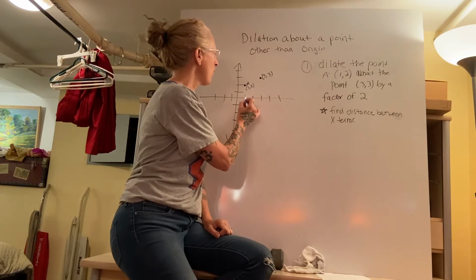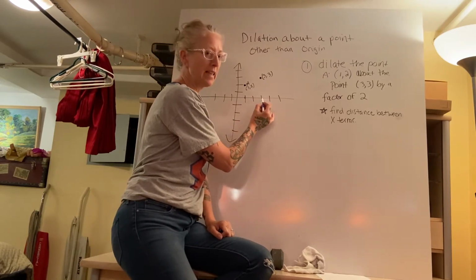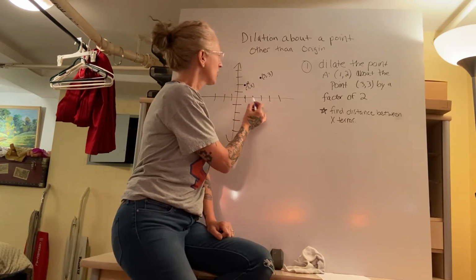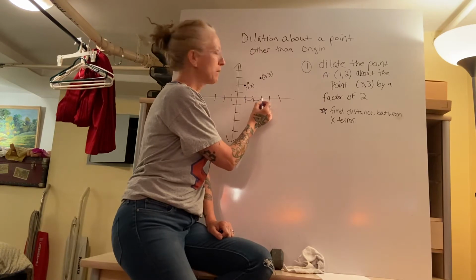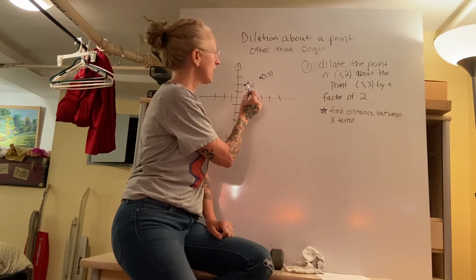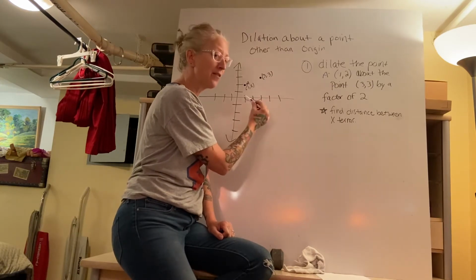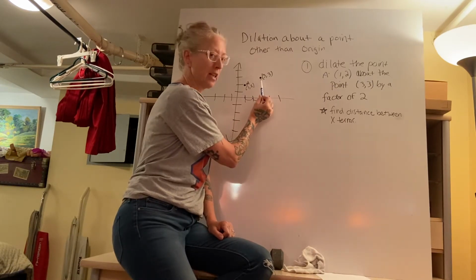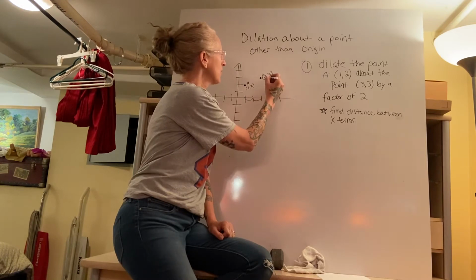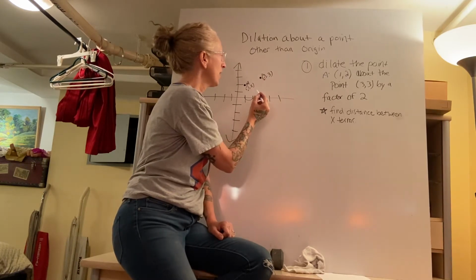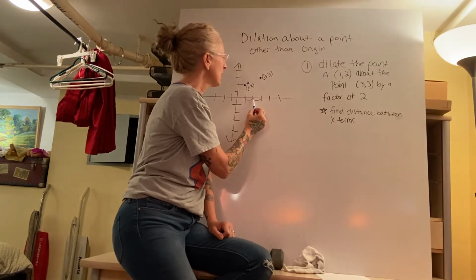So we're at 1, and our term that we're dilating about is at 3. So there's 2 spaces between them. Our point is 2 to the left of 3, okay? Our x term here was 3, our x term here is 1, so we had to go 2 to the left.